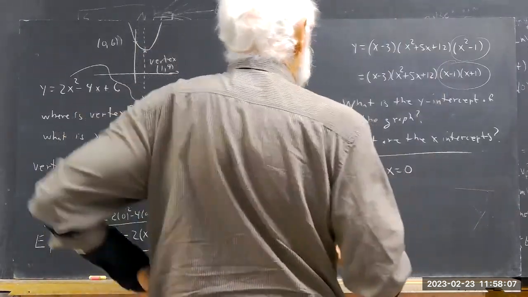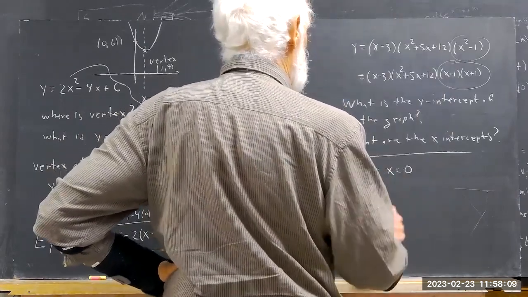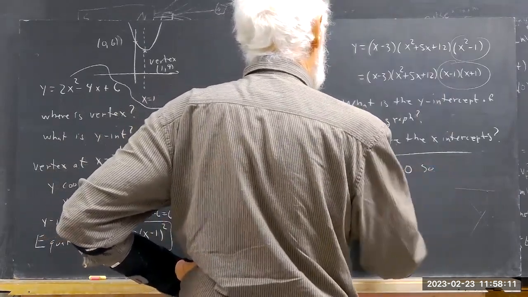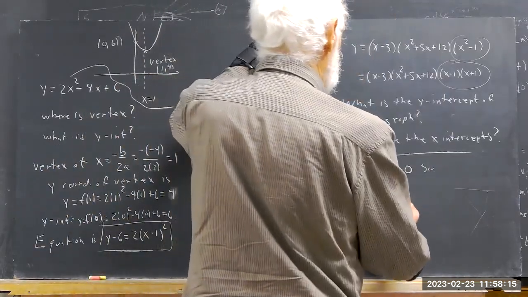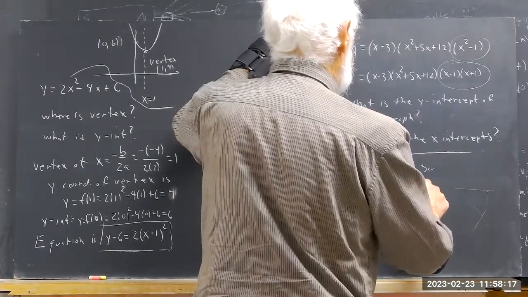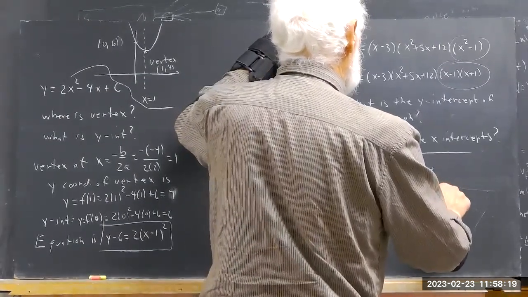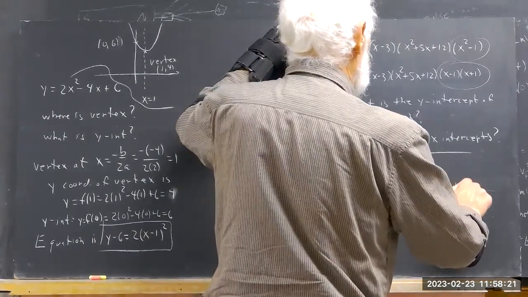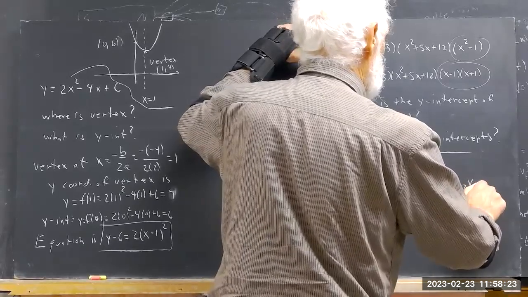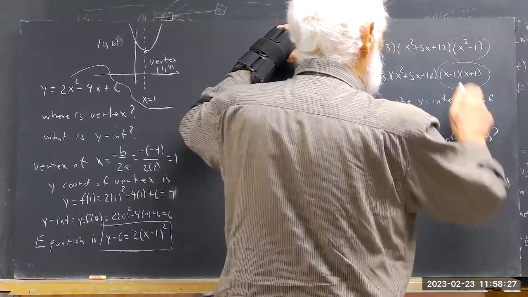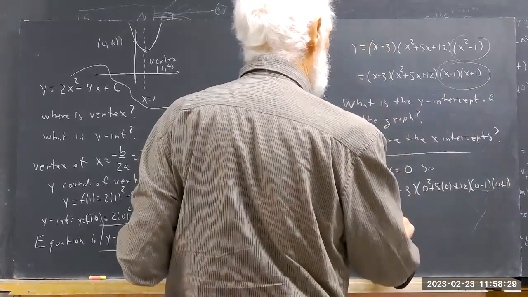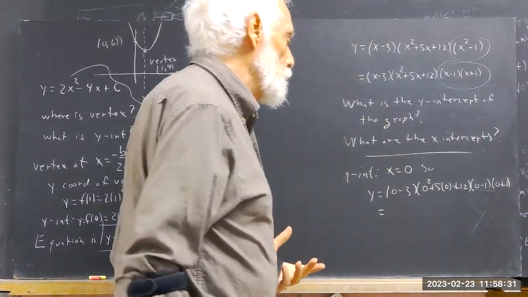So the y-intercept happens when x equals 0, so y equals what? It's going to be 0 minus 3 times 0 squared plus 5 times 0 plus 12 times 0 minus 1 times 0 plus 1, using this form. Well, that's pretty easy.